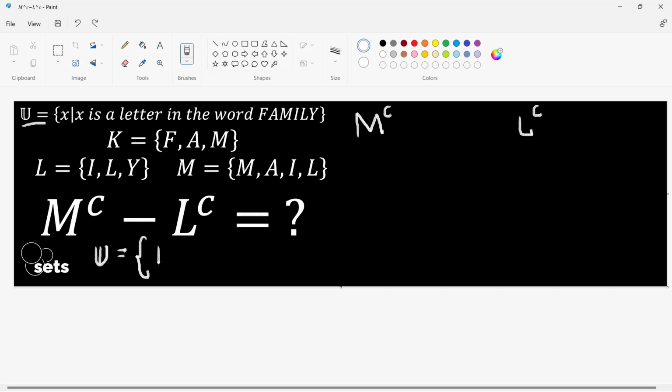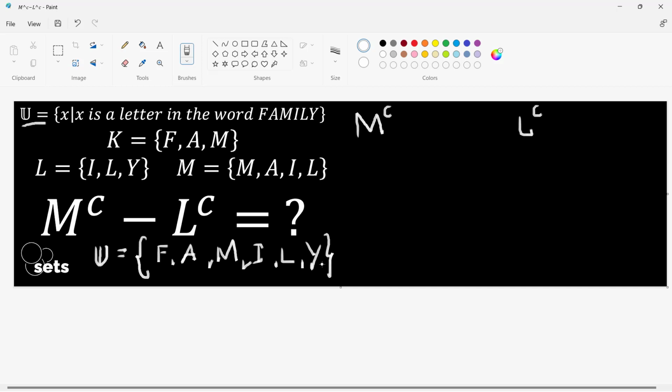We start with letter F, then we have letter A, followed by letter M. Then you have your I, L, and finally you have your letter Y. This is the roster form of the universal set here. And from this, we can now solve for the complements of both set M and set L.